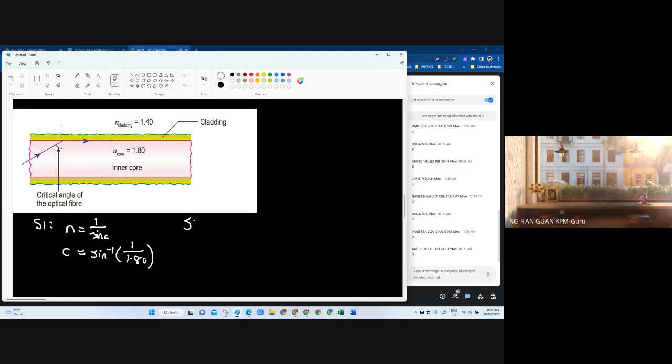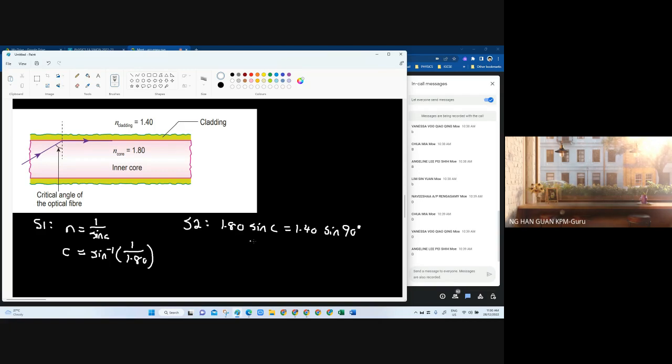Solution 2. If we apply Snell's law, then it will be 1.80 sin C equal to 1.40 sin 90.